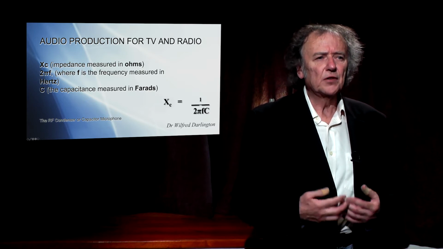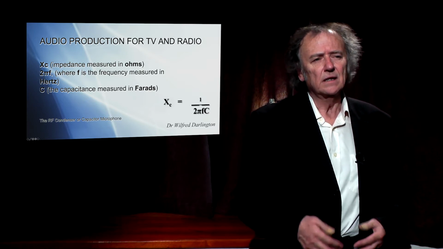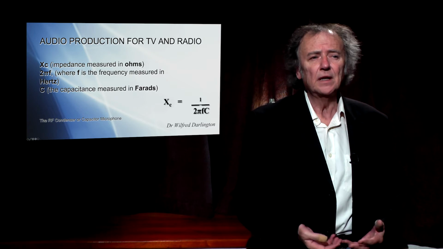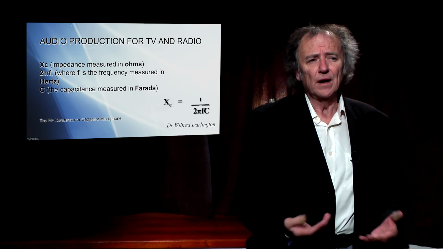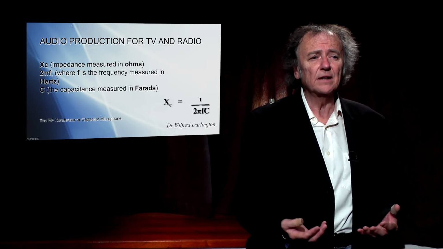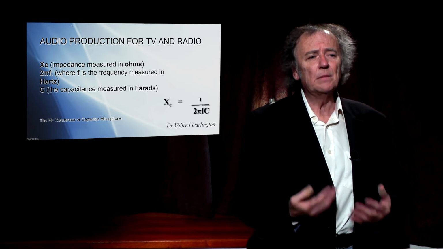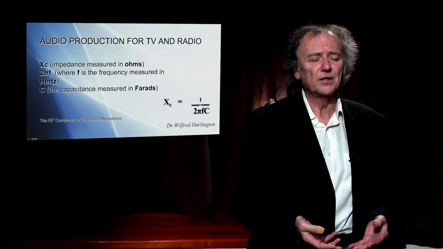Consider this. Suppose we have a microphone whose capsule is in effect a small capacitor, let's say 40 to 50 picofarads. The impedance of a capacitor circuit depends on the following characteristics. The characteristics are symbolized as follows. XC is the impedance measured in ohms, 2 pi f, where f is the frequency measured in hertz, and C, the capacitance measured in farads.